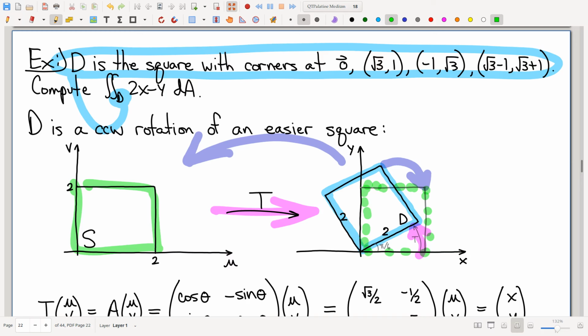But it had been here, a counterclockwise rotation. Then, sure enough, my blue square is the image by t. This is the image by a counterclockwise rotation of a much easier domain. And so when I do the pullback, then as I wished, my blue undesirable domain turns into my green awesome domain. Does everybody see how the backwardsness works?